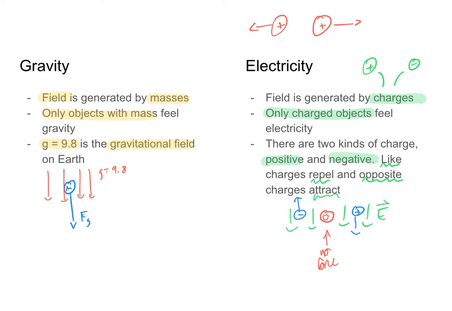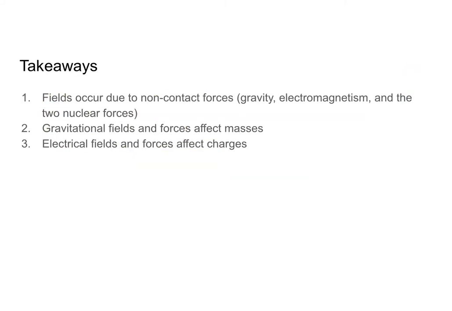However, if I was to take my second positive charge and replace it with a negative charge, what I would find is that instead of being repelled by one another, my positive charge and negative charge will move towards each other, like so. So that's really the basics of electricity and gravity, our two major fields.